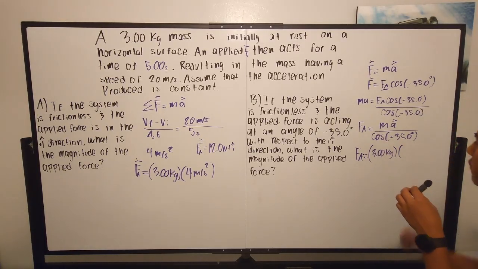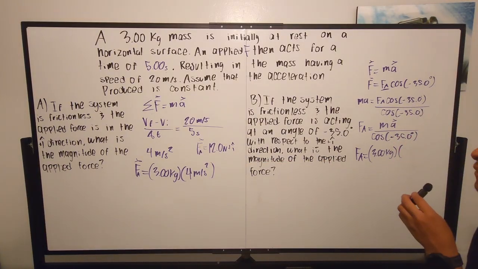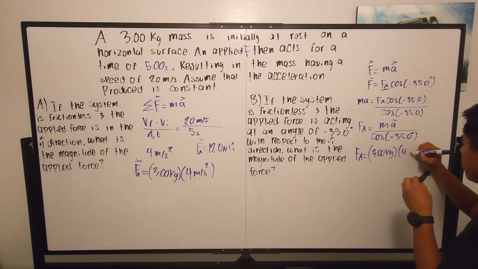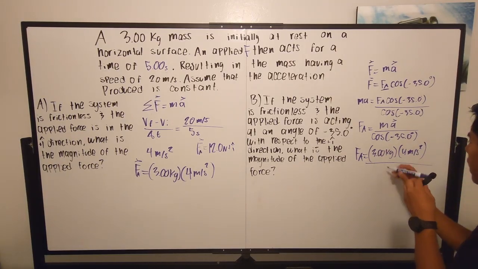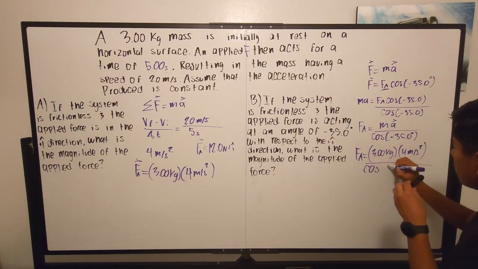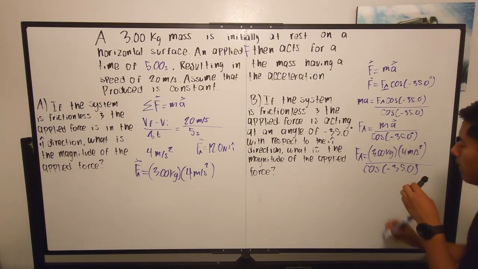And I forgot to mention that for the acceleration, we're going to be using the acceleration that we got over here. So it's going to be accelerating at 4 meters per second squared. All of that over the cosine of negative 35 degrees.